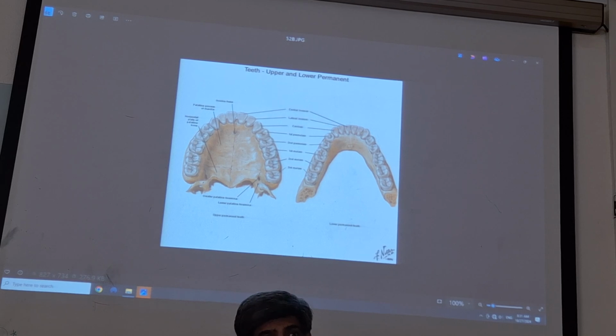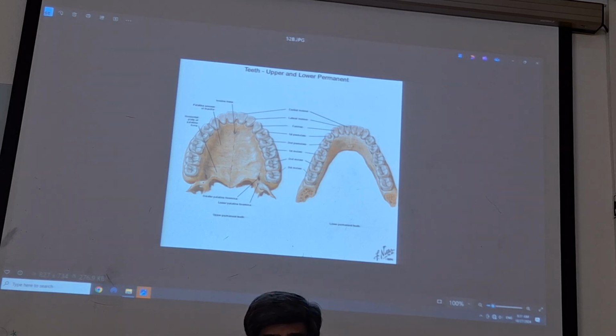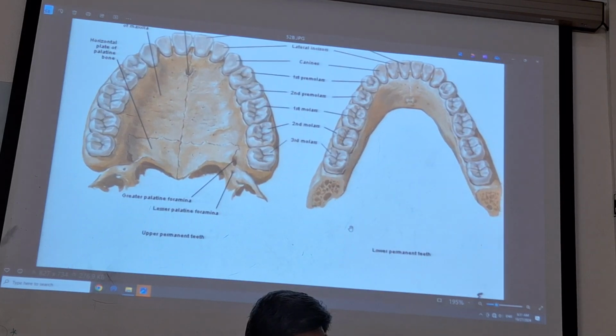Just the first molar, just one. All the other memorization is very difficult and not important.